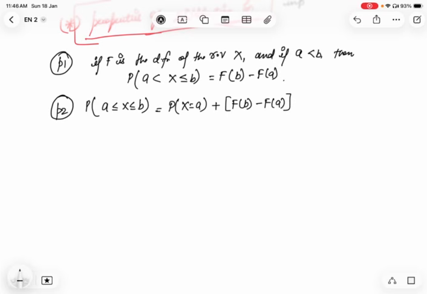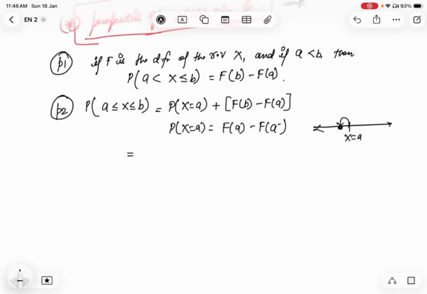And what is P(X = a)? P(X = a) is nothing but F(a) - F(a-). What is a-? a- is just the function value just before a. For example, this is because X is equal to a here. So F(a) minus the function before that, that is this.